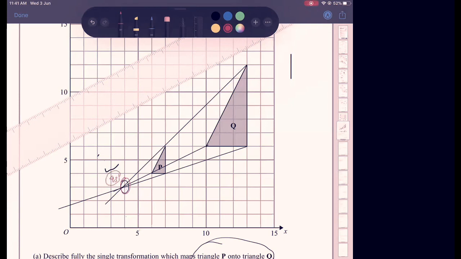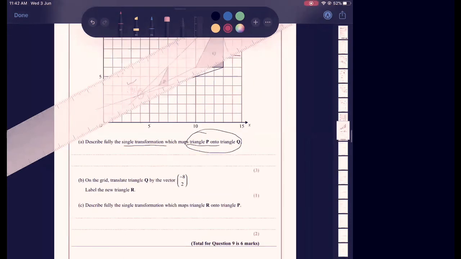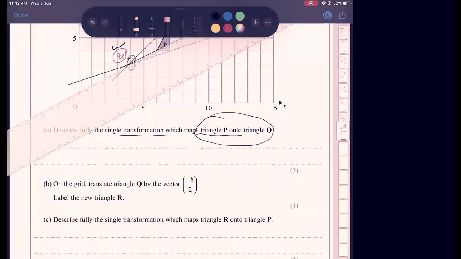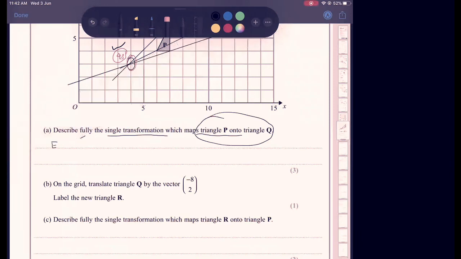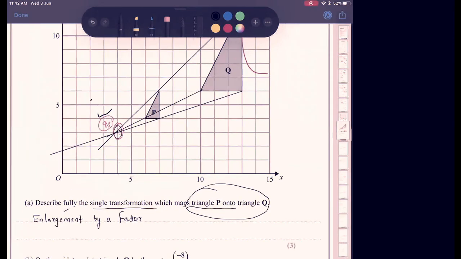It's a 3-mark question. So, obviously, this is an enlargement by a factor of... So how to find the factor? With respect to this 4, 3, how many units away is this point? 2 units away and 1 unit up.